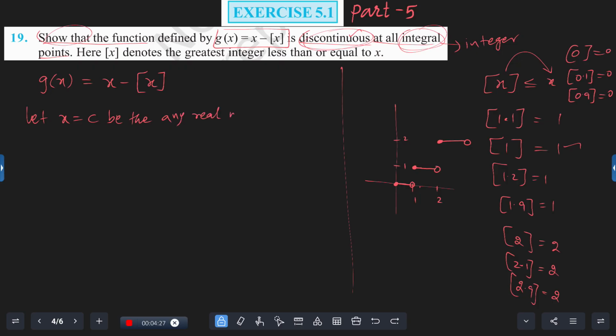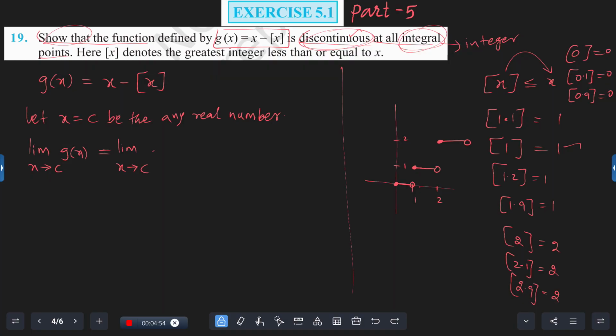First of all, the limit as x tends to c of g of x.